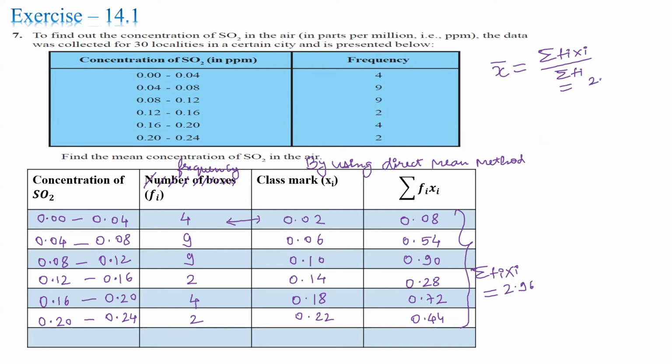So 2.96 divided by summation of f. 30 localities are there, no? So 2.96 divided by 30. You will get 0.098 ppm.